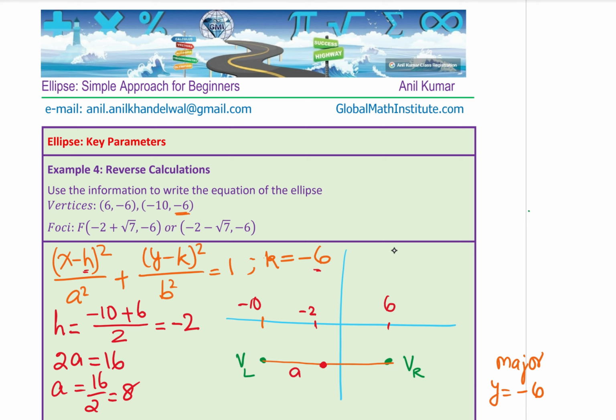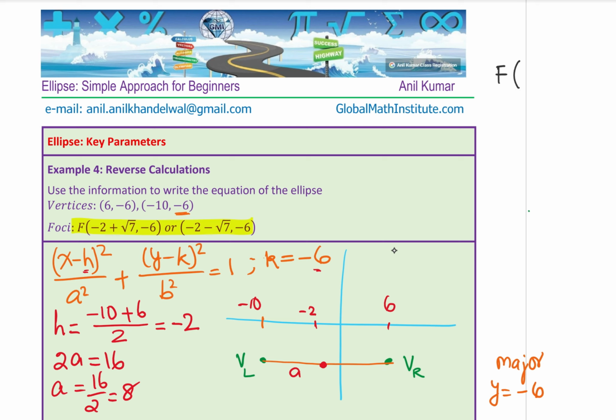So we know that. How do we find b? Well, from the focus, we can find the value of b. So let us analyze the focal points.